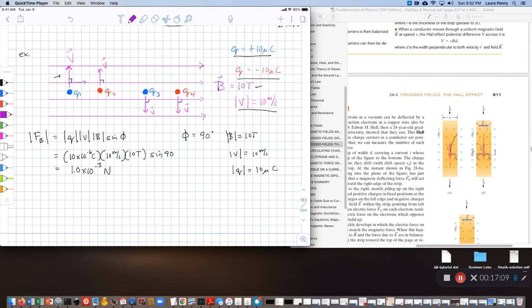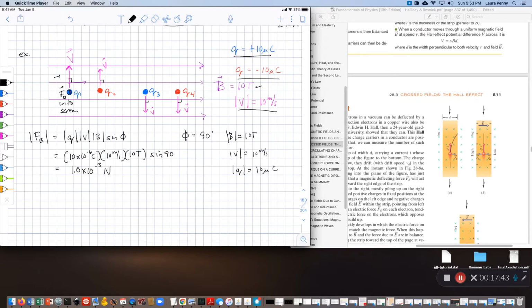And so here, what I'm getting is that the magnetic force on Q1 is into the screen. It's into the screen. And so I could draw it as a little circle with a cross on it. It's into the screen from the right-hand rule.